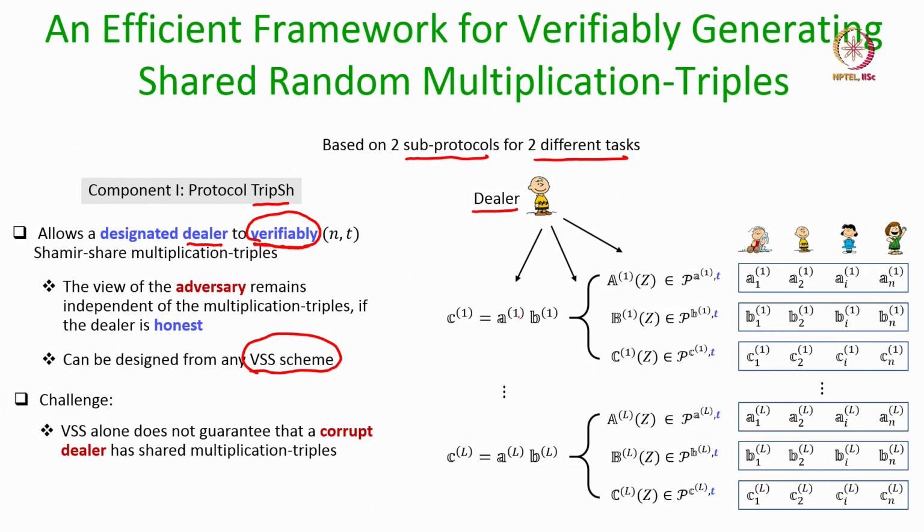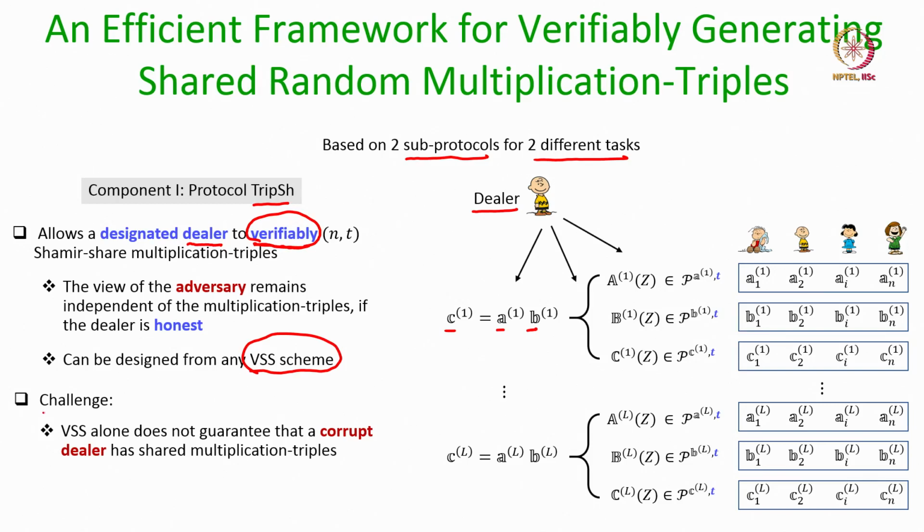So, if we use a polynomial based VSS and ask the dealer to share the A components, B components and C components, then it will be ensured that a potentially corrupt dealer has shared its triplets using T degree polynomials, that is fine, and if the dealer is honest the privacy is maintained, but the strong commitment property of VSS does not guarantee that the A, B, C values which have been secret shared by a potentially corrupt dealer satisfy the multiplicative property. Namely, it is not necessary that the C component is the product of A and B component.